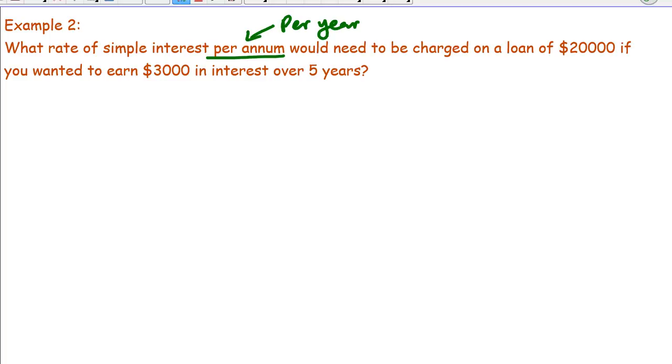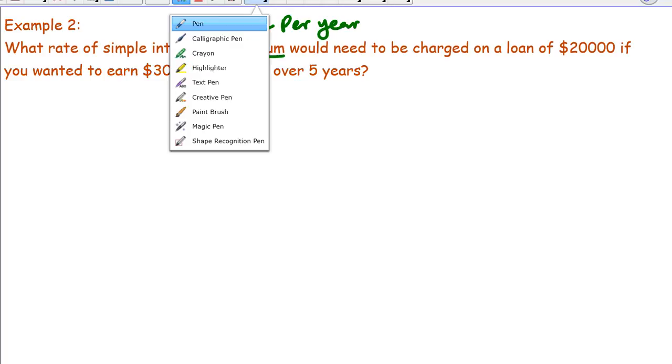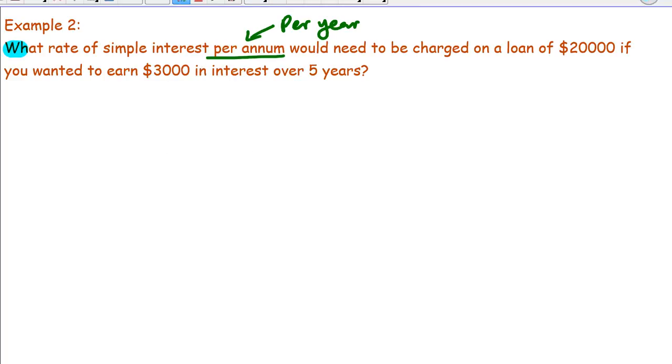Anyway, what are we trying to find here? What rate of simple interest? So basically what you're trying to find here is the rate. So rate is what you're looking for.